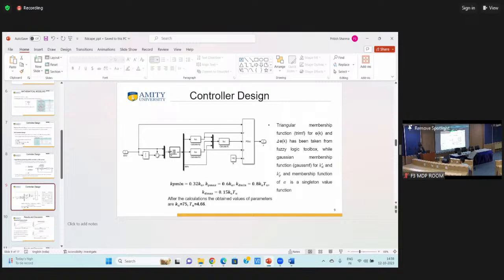The inputs of the fuzzy logic are the error and the derivative of error, for which I have taken triangular membership functions from the toolbox. For KD dash and KP dash I have taken Gaussian membership functions, but for alpha I have taken singleton membership functions. So I got the KU and TU values of 75 and 4.66 respectively.